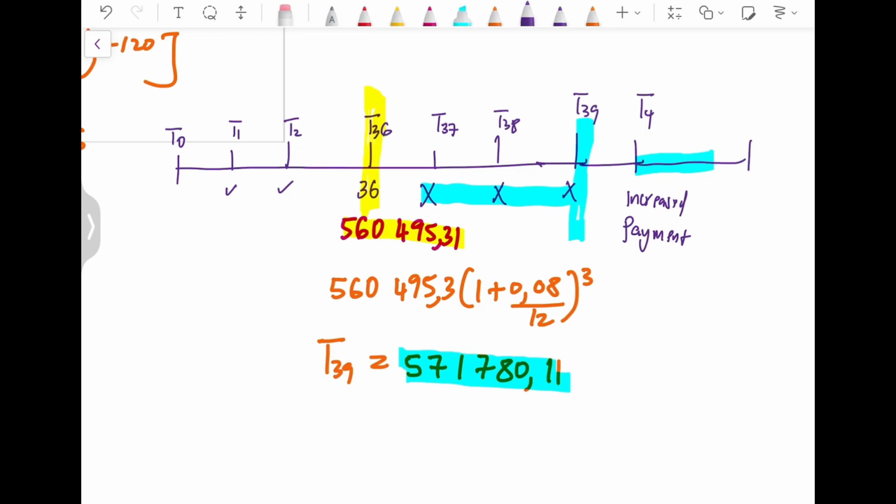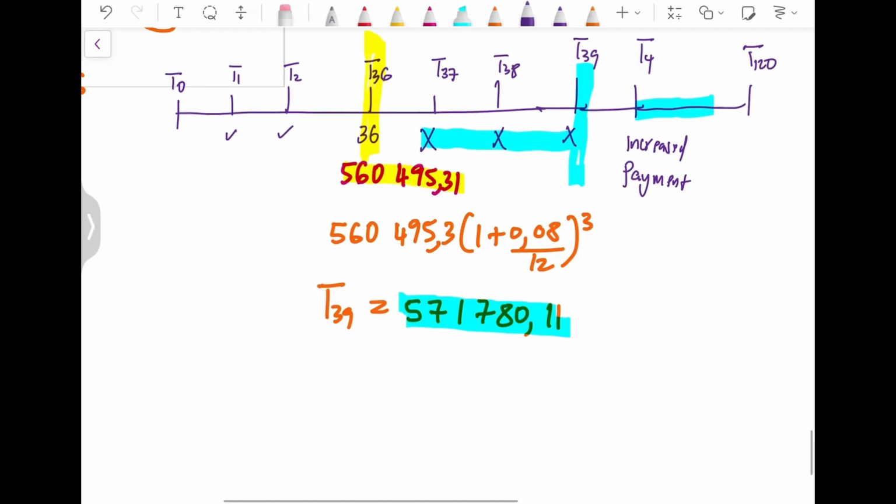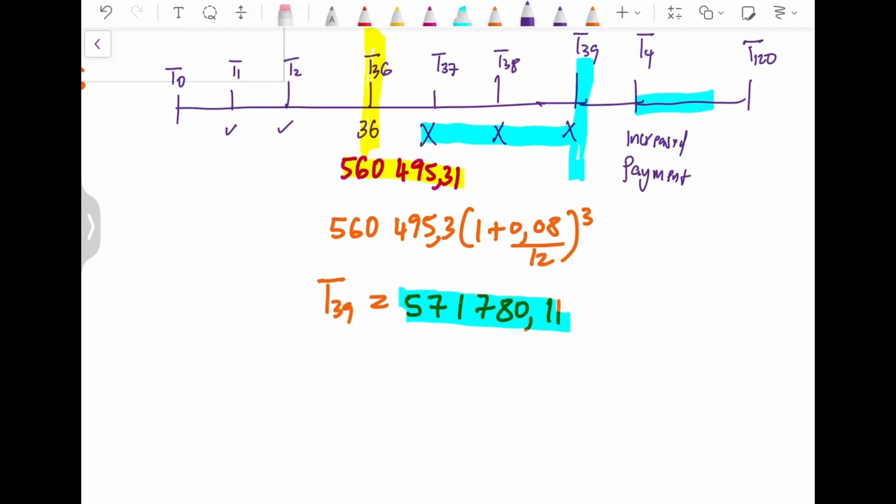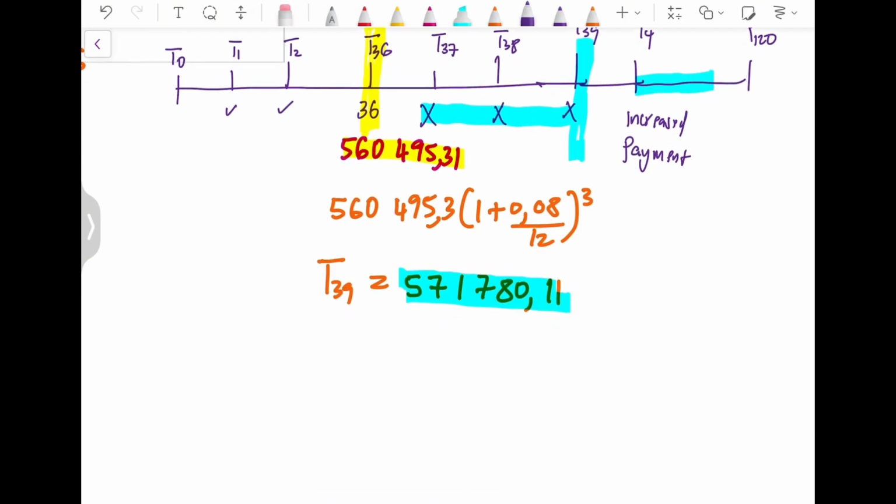we are going to use this P to calculate the new value of X, or increased value of X. Now, we are going to write our formula again. P is equal to X into 1 minus (1 plus i) to the exponent negative n, all divided by i.